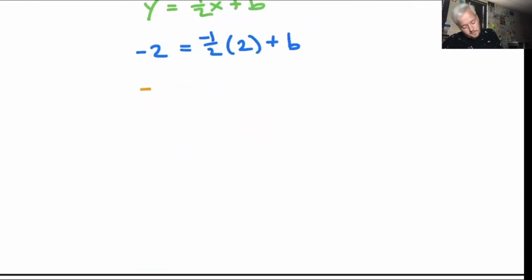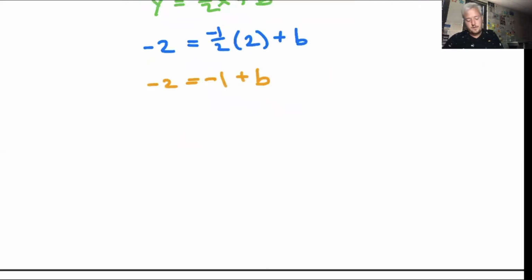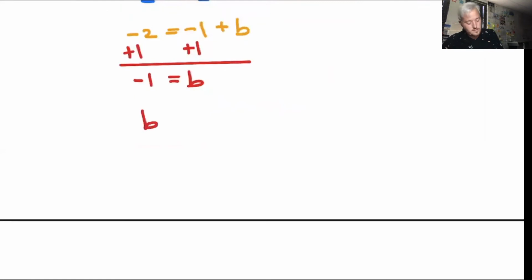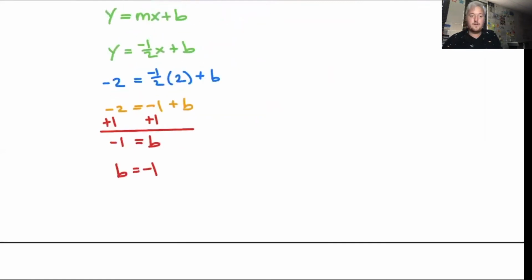So I'm going to have -2 equals -1/2 times 2 gives you -1. Now I can solve for b by adding over that 1. So I have -1 equals b. Or if you're OCD like I am, it is b equals -1.